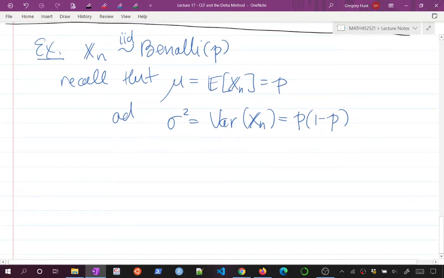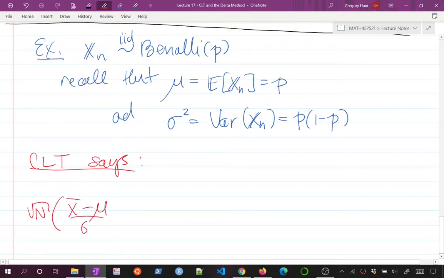So what's the application of the central limit theorem? CLT says something about square root n times x bar minus mu over sigma, which in this case is root n times x bar. Now x bar we've actually shown is the UMVUE for p. It's also the MLE for p.